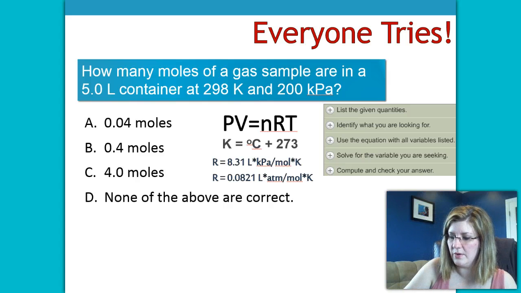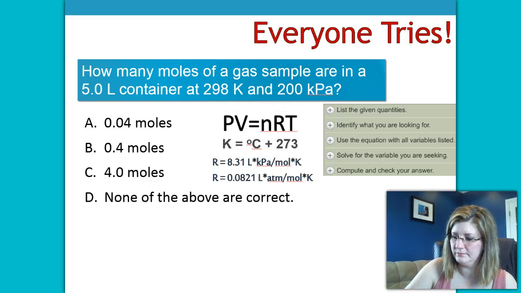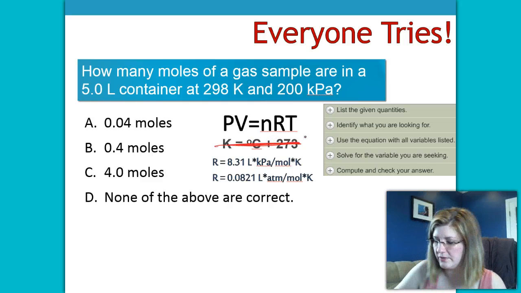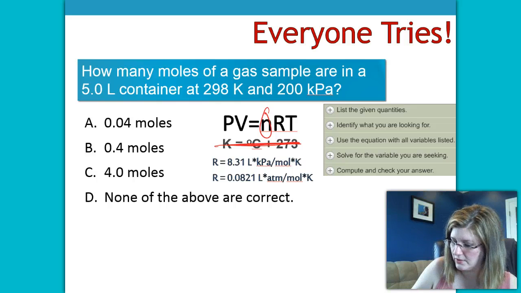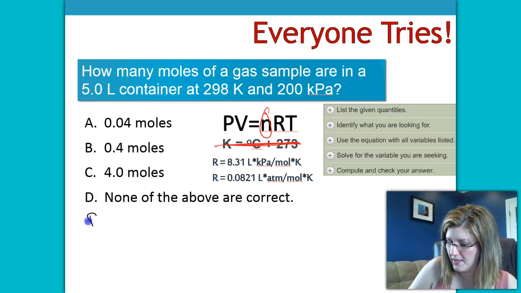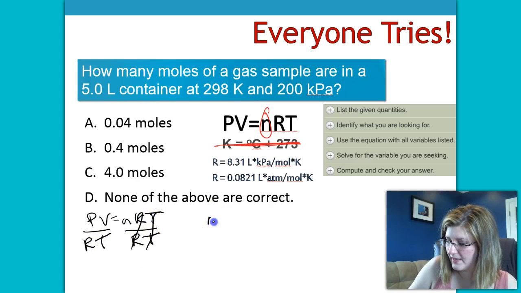There is no temperature conversion necessary here. Right? We're just doing PV equals nRT. We're solving for n. So our equation gets rearranged from PV equals nRT to divide by R and T on both sides. That cancels on the right. n equals P times V divided by R times T.